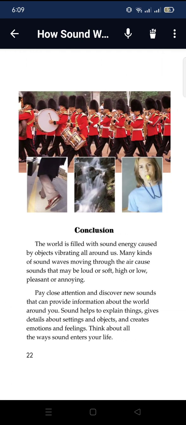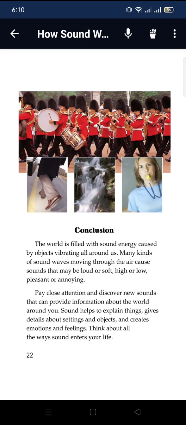Conclusion. The world is filled with sound energy caused by objects vibrating all around us. Many kinds of sound waves move through the air, and sounds may be loud or soft, high or low, pleasant or annoying.